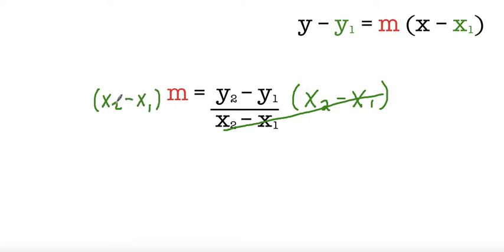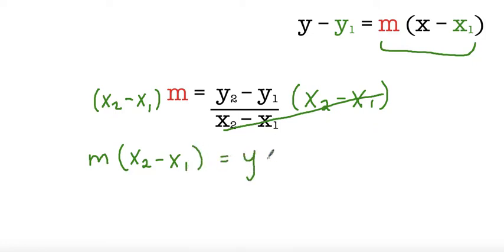And here I have x sub 2 minus x sub 1 times m, which is very similar to what we have here. So I could rewrite this, equals y sub 2 minus y sub 1. So we could see that the slope formula and point-slope form is very similar, because if we just rearrange some variables, we end up with the point-slope form from the slope formula and vice versa.